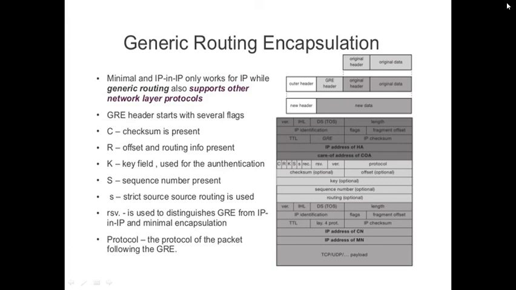If C is set, the checksum field contains a valid IP checksum of the GRE header and the payload. And the next bit is R. The R bit indicates if the offset and routing fields are present and contain valid information or not. And the next one is offset.